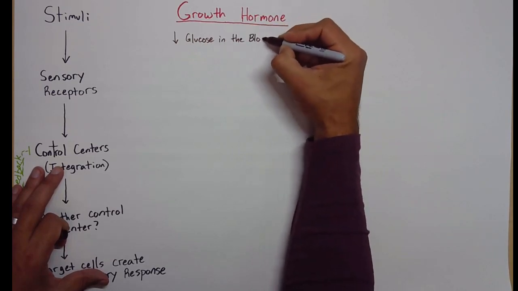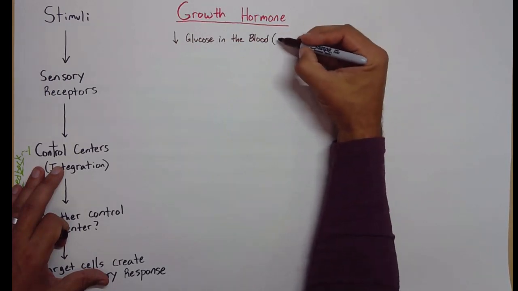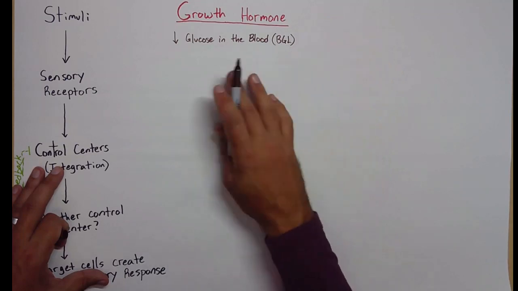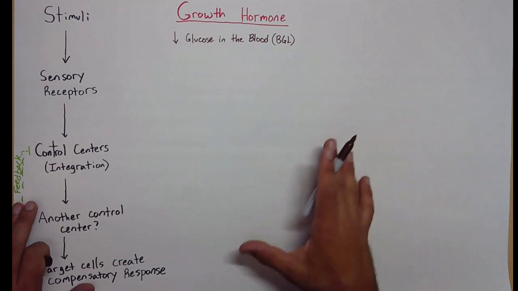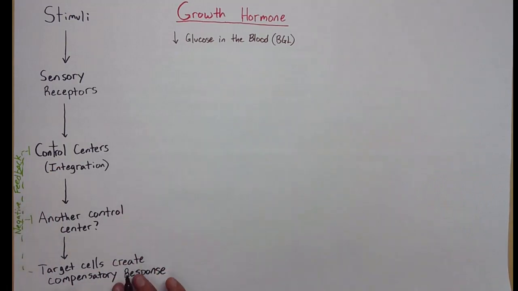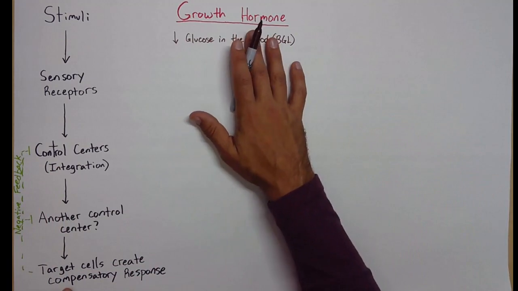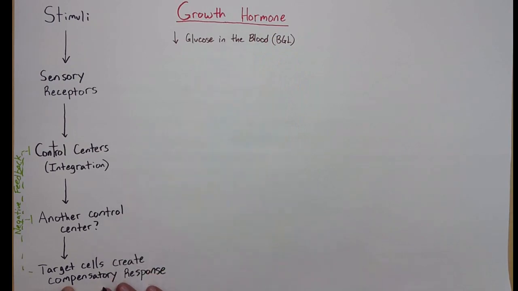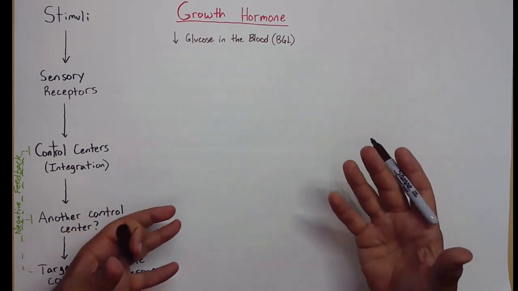We're going to write that down: a decrease in glucose in the blood, which we can also call BGL. The nice thing about talking about the compensatory response here at the beginning is, what do we know one of the functions of growth hormone is going to be? If the stimulus is a decrease in blood glucose, then one of the compensatory responses is to do the opposite, so one of the responses is going to try to increase blood glucose.